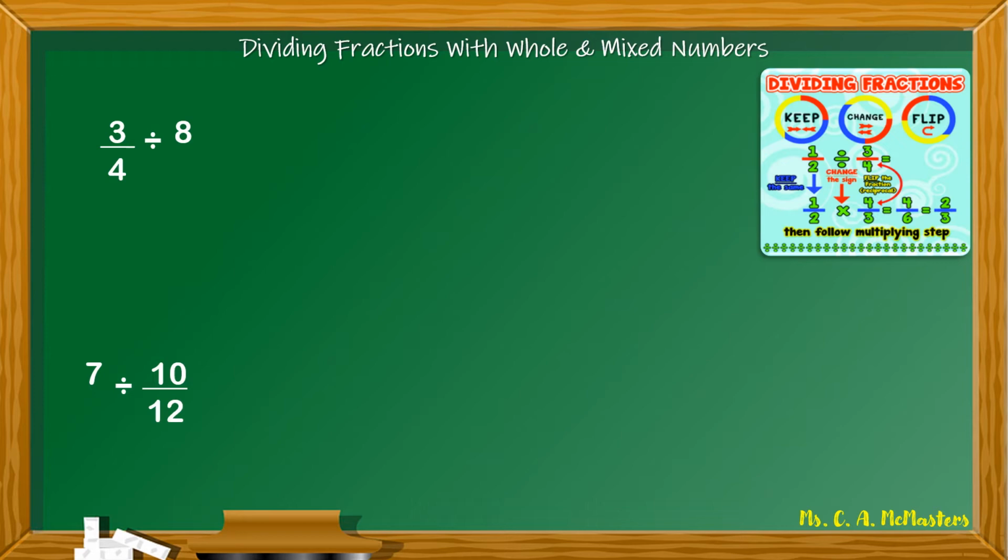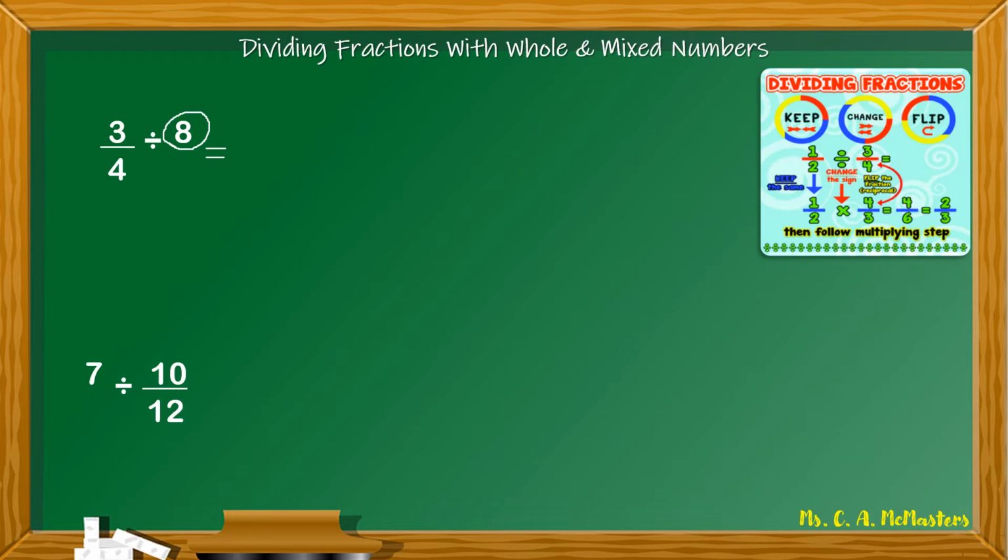The first division sentence we're going to look at is 3/4 divided by 8. As you can see, there is a fraction and there is a whole number. The whole number in this division sentence is 8, and in order to divide, we have to make sure that everything becomes a fraction.